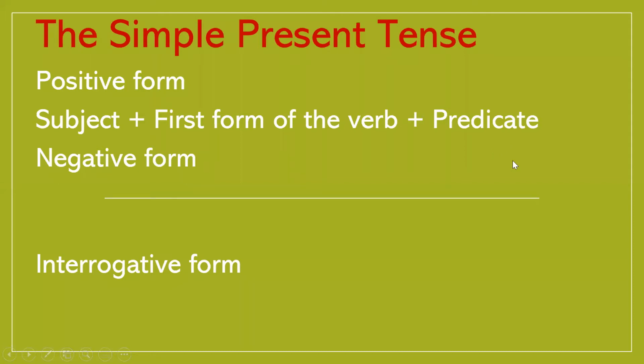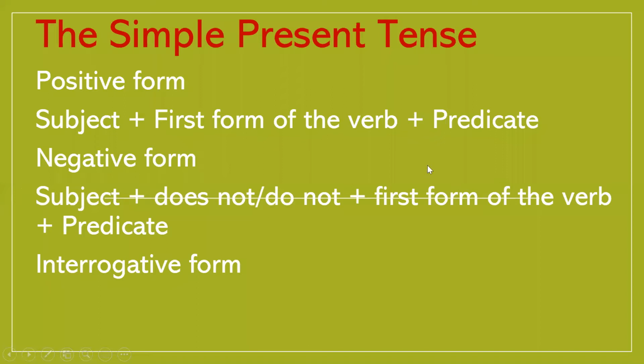Now what is the negative form of the simple present tense? Who will tell? Ritik Kesarwani. Subject plus does not or do not plus first form of the verb plus predicate.